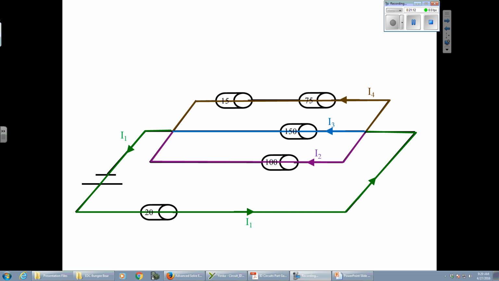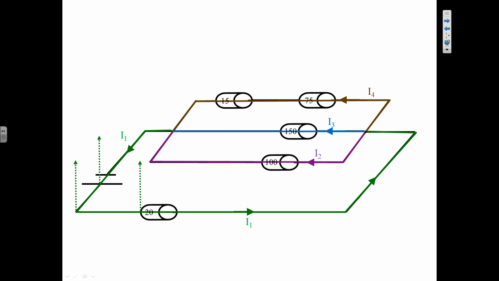So here's how I plotted it. I know that back here at the negative side of the battery, it's at 0. So that means up here in the front of the battery, at the positive side, it's at 12. It's got to go down a little bit over the 20. So from the 20 till it hits the 3 resistors, it's going to be slightly less than 12. And then between the 75 and the 15, it needs to go down a little bit, but not all the way down to 0.